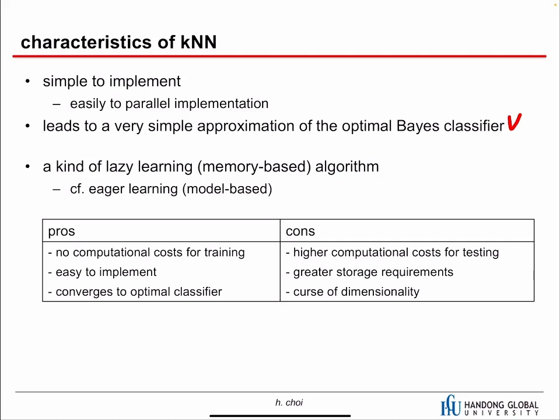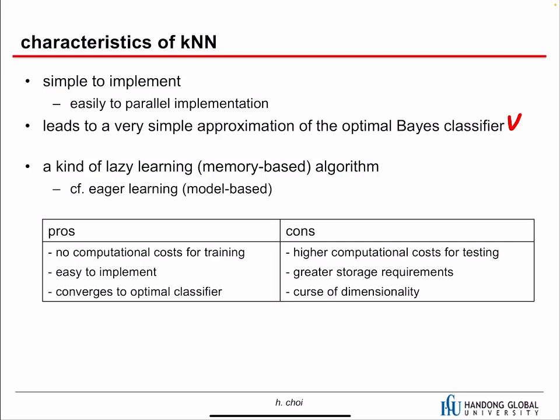And second, even if we have infinitely many training samples, we still cannot calculate the distances between the test sample and all the training samples. So KNN will be an approximation, okay? But if we increase the number of training samples, then this approximation would be close to the optimal classifier.